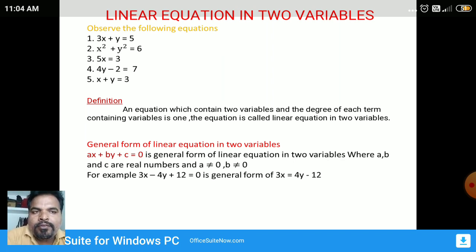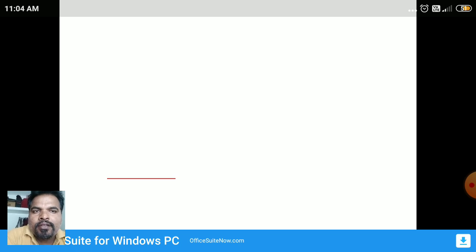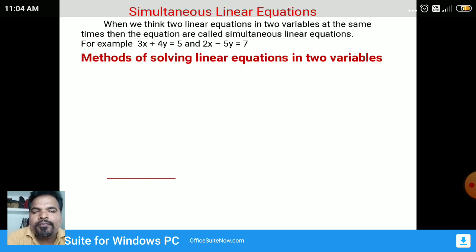Now next we learn simultaneous equations. Now what is a simultaneous equation? When we consider two linear equations in two variables at the same time, then the equations are called simultaneous linear equations.